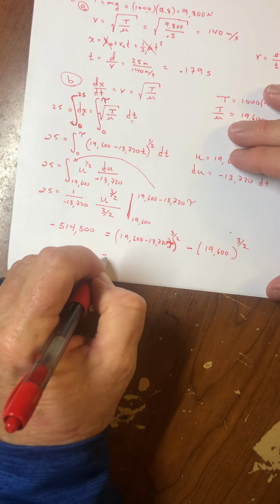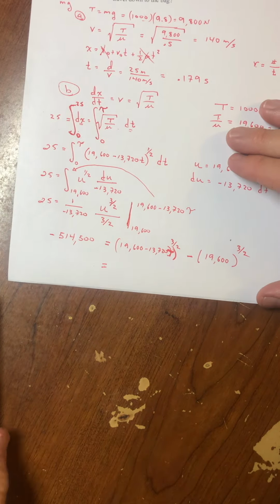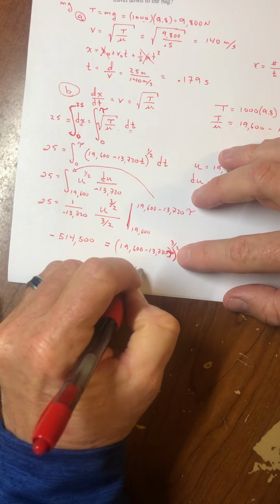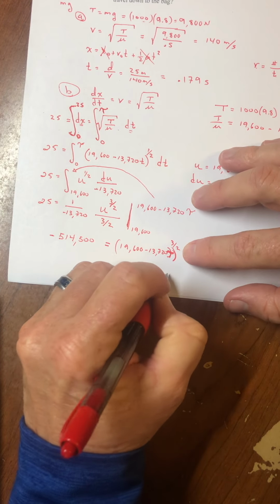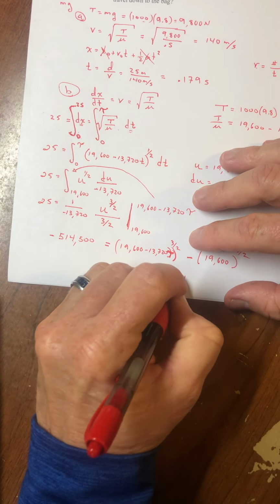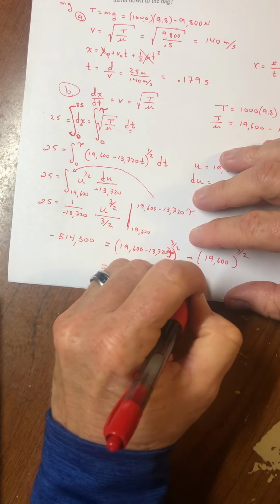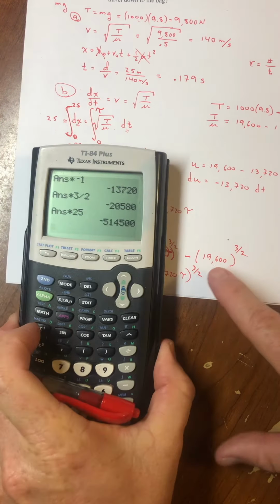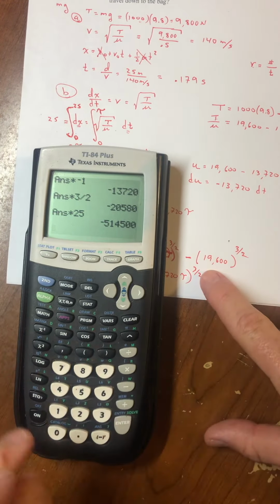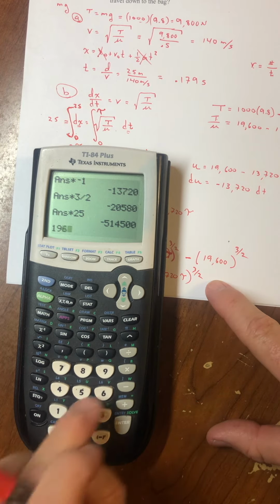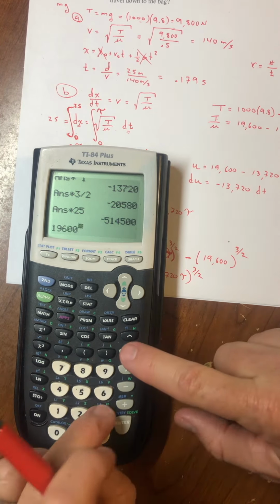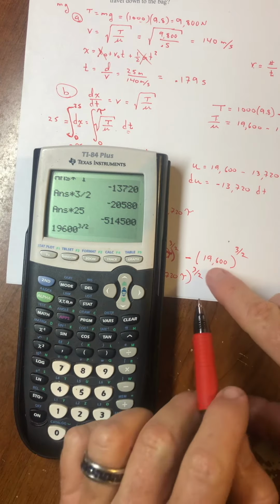And then, I'm going to run out of space here on my paper. I'll leave this one alone. So 19,600 minus 13,720 tau to the 3/2 power. But I think I'll mess with this one here. This one here is 19,600 raised to a power of 3/2.